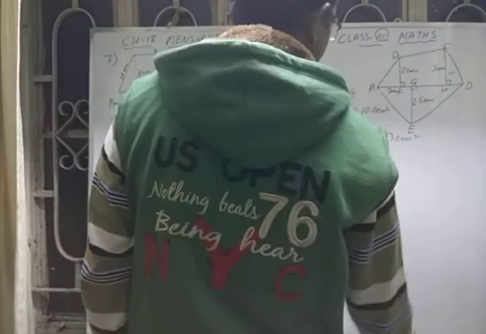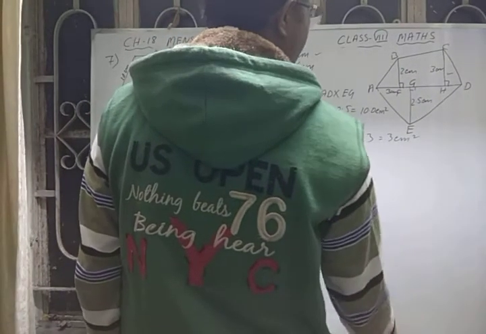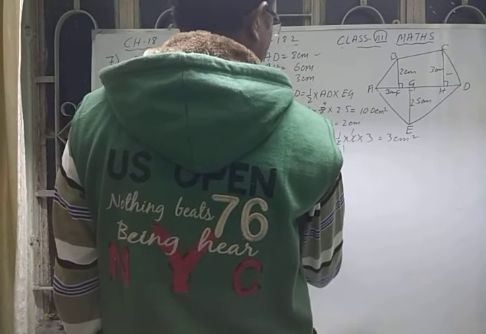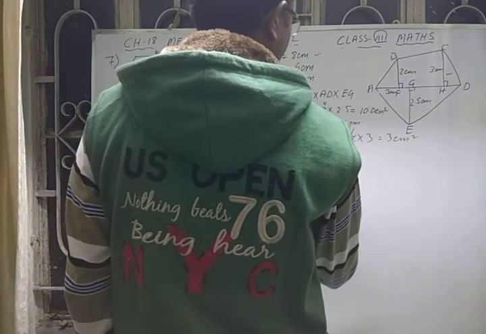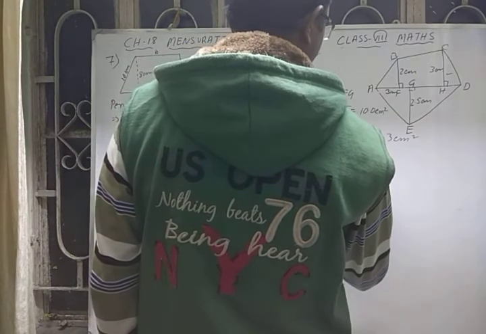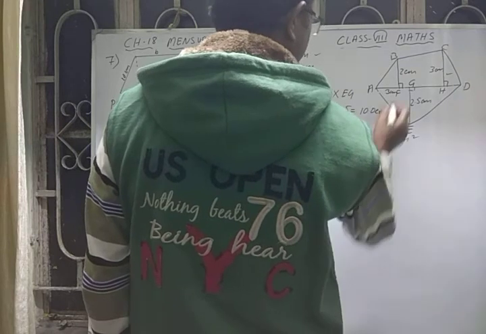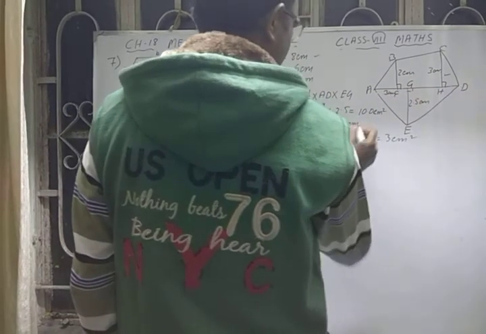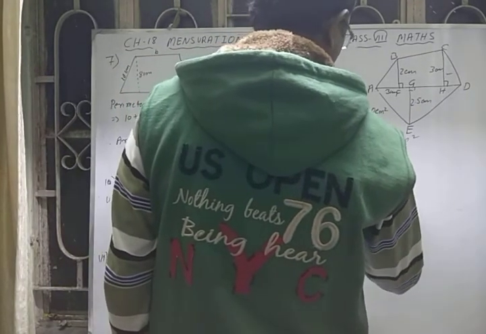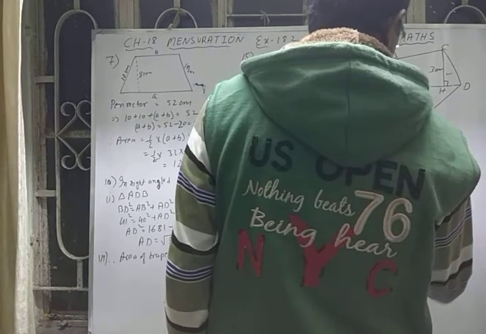So don't write like this. FH is equal to AD minus AF minus HD. So AD is 8, AF is 3 is given, and HD we have got 2 centimeter. So this is 8 minus 5, that is equal to 3 centimeter.